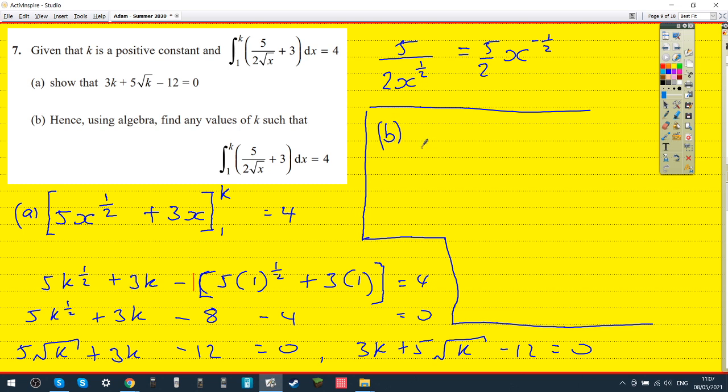So do we want to make k the subject for this? Yep, basically solve for k. So could we use 5k to the half plus 3k minus 8 equals -4, and then use that to work out what k is? Yeah, I mean, they kind of wrote it in this form, so they're guiding you towards that, so I'd start with that.